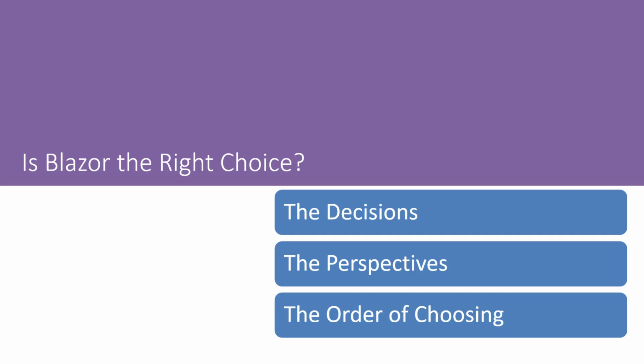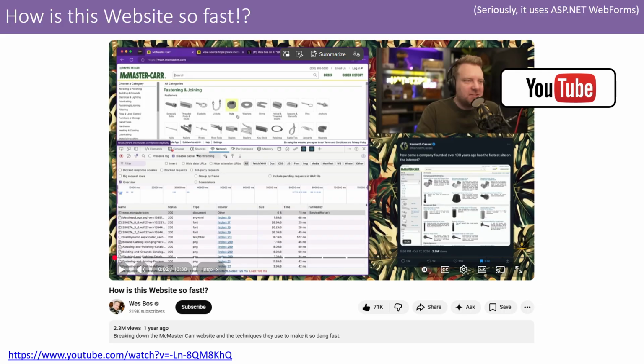All right, so is Blazor the right choice? Let's look at some decisions and perspectives and recap on the order we're choosing. A lot of people look at what is the fastest. My opinion is that whatever tech stack you choose, you can make it as fast as you need to.